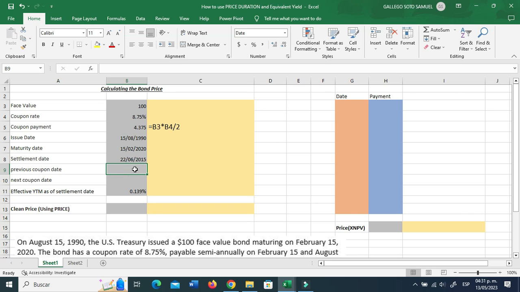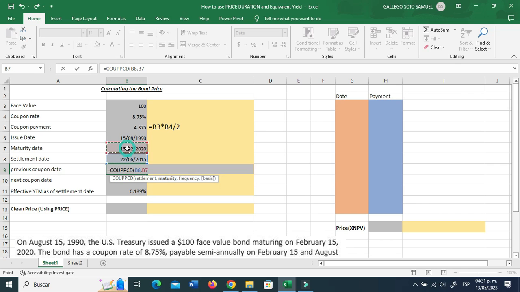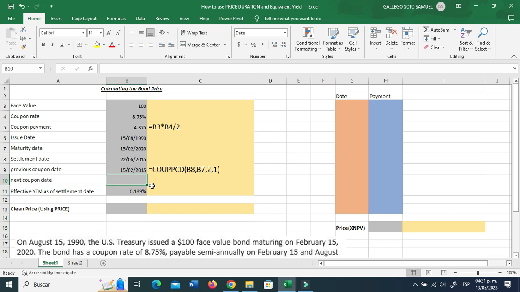For the previous coupon date, we're going to type PCD, then double click on whatever comes. Then the settlement, that's going to be when you bought the bond, the maturity, when the bond matures, the frequency, that's going to be 2 for semi-annual, and actual/actual basis. So we hit enter and that's it.